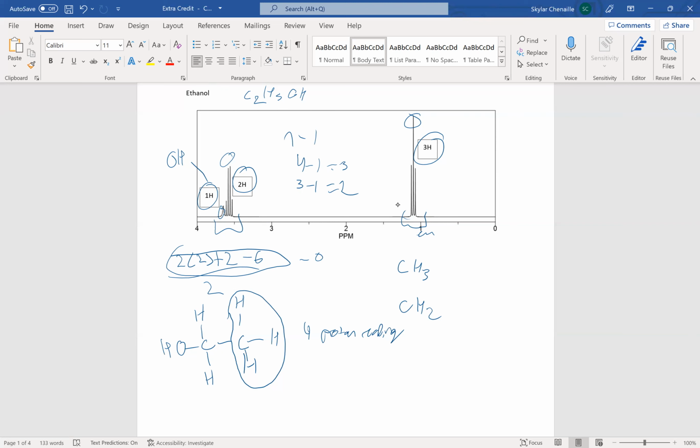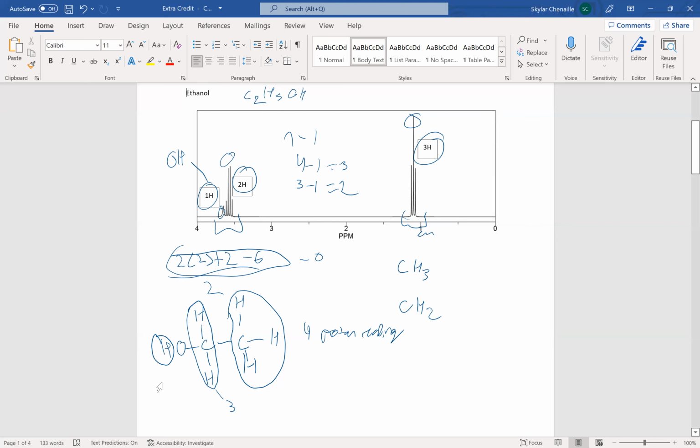Let's move down the line a little bit more. We have our 2 here, again n plus 1 in this case, so that's going to give us 3, which is these ones over here. And then we have this last little hydrogen here.